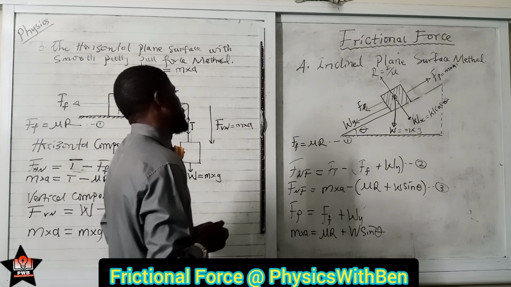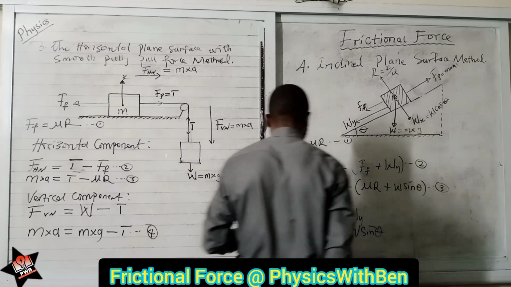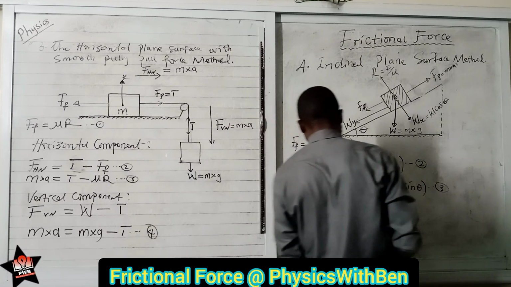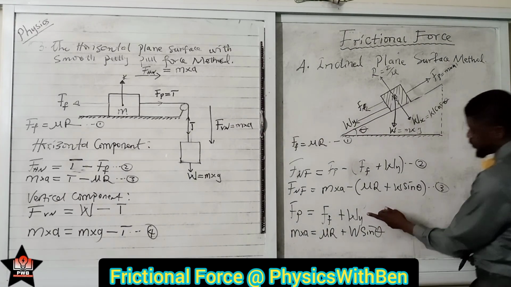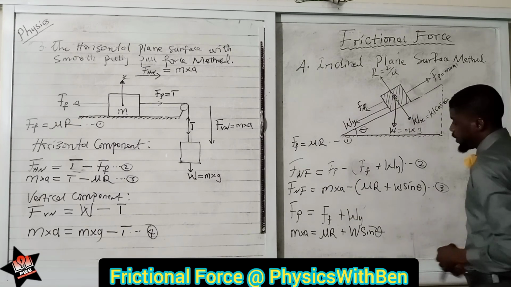Yes, W sine theta. While everything still remains the same. We write that, and if you want, you can make W the subject of the formula to find the vertical component of the weight.